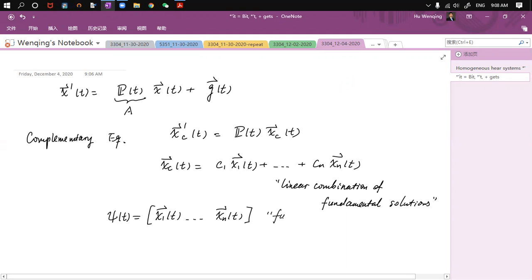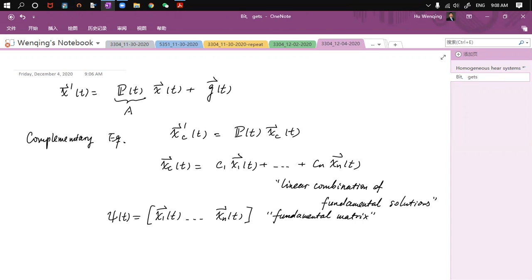This is the so-called fundamental matrix. So that's what we call the fundamental matrix.